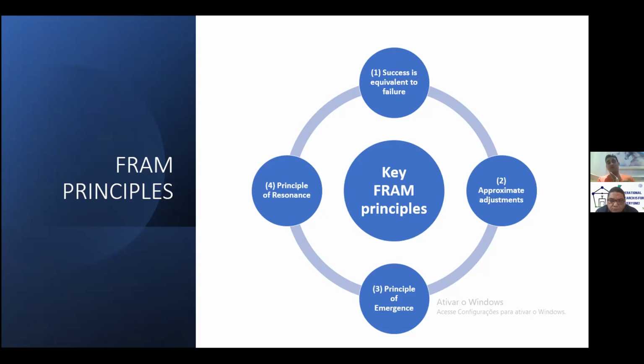There are some papers that tell us how to do that, but it wouldn't be easy when you consider the complex socio-technical systems that we live in. So the FRAM methodology makes approximate adjustments to make sure that everything happens in a correct way.